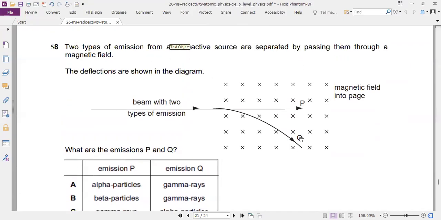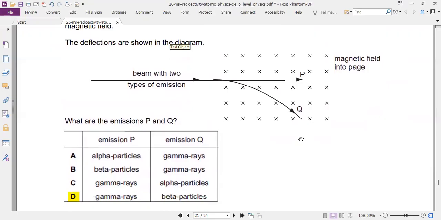Let's do it again for a clearer, good understanding. So we have a magnetic field into the page. We use the right hand because it's electrons. So we place our first finger towards the screen. Now the third finger should be pointing to the right because the beam is coming from left to right.